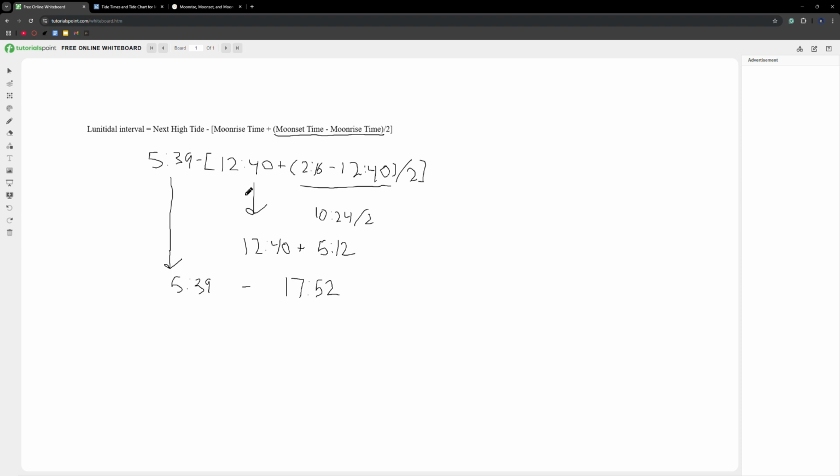And again, since we're doing the absolute difference, we can take the larger one, which is 1752, and from that we can subtract 5:39, and that will give us 12:13.